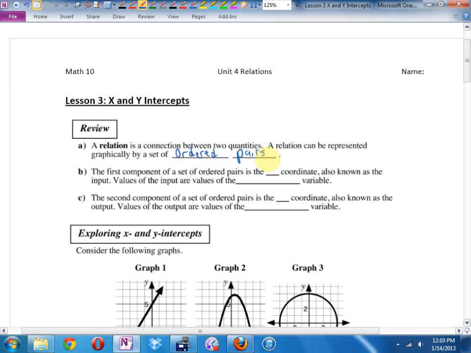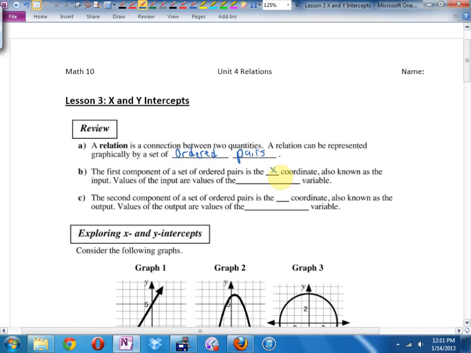Ordered pairs. What's an ordered pair? Something comma something, where the first coordinate means go left, right, the second coordinate means go up, down. The first coordinate of a set of ordered pairs is the blank coordinate. What letter is the first coordinate? X or Y? X. Also known as the input.